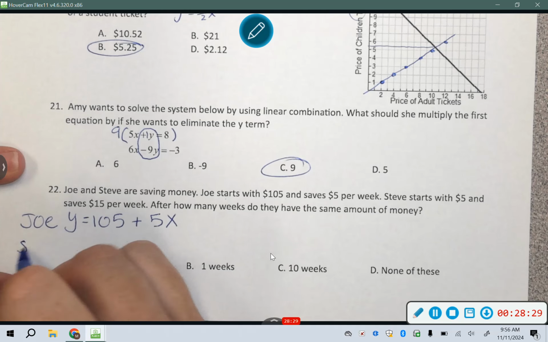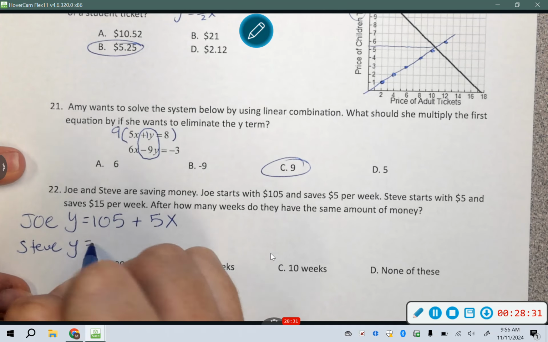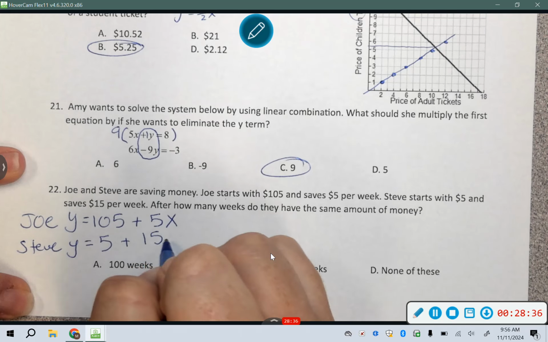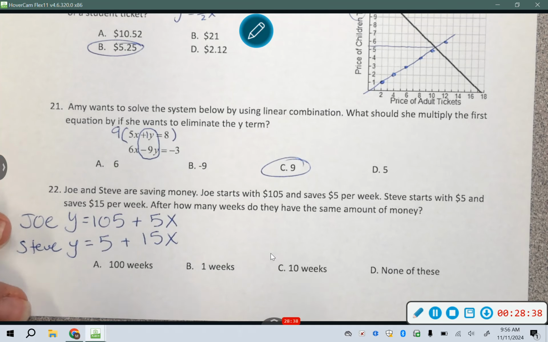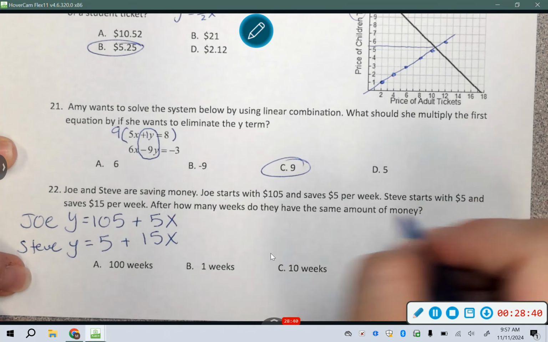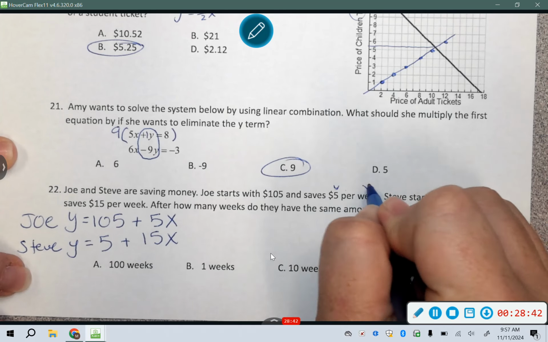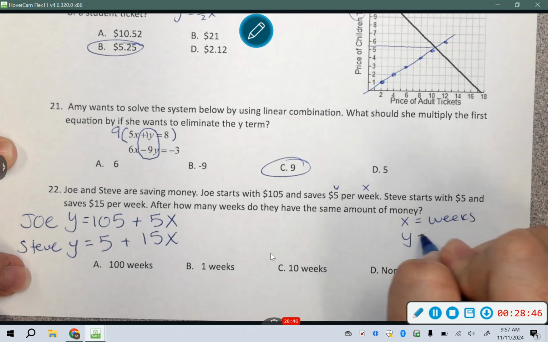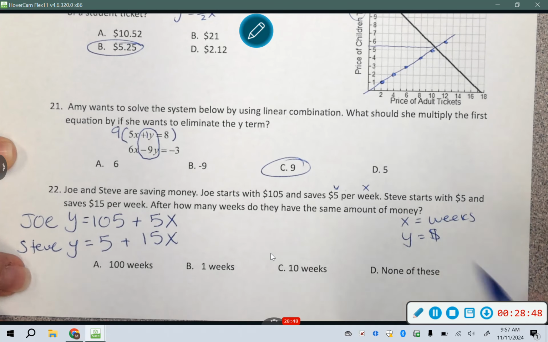Okay, Steve starts with $5 and adds $15 per week. Now, I want you to remember it's y per x. So x is my number of weeks, and y is my money. It's not $5, it's just money. And then it's a calculator problem.